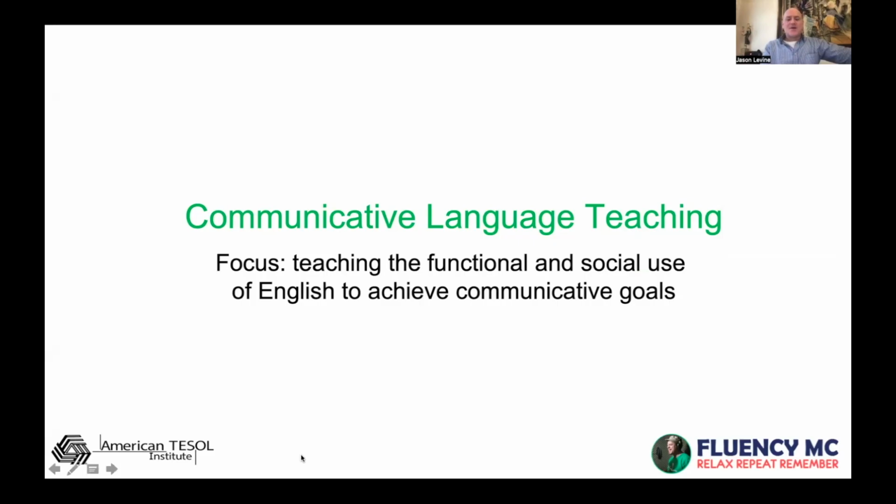But I don't think anyone today would argue that there's anything more important than focusing on the functional and social use of English. So functions: how do you apologize? How do you ask for advice? How do you respond to a request? How do you use English in this situation or that situation?